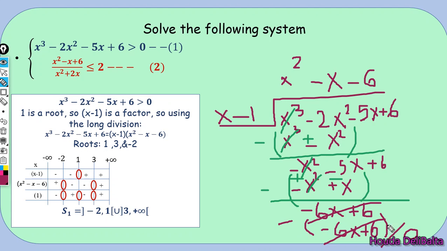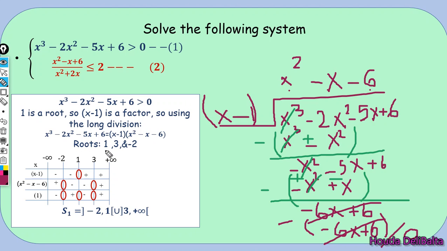Surely the remainder is 0 because x minus 1 is a factor. So the quadratic factor of x cubed minus 2x squared minus 5x plus 6 is x squared minus x minus 6. By this, we can write it as a product of x minus 1 and x squared minus x minus 6.